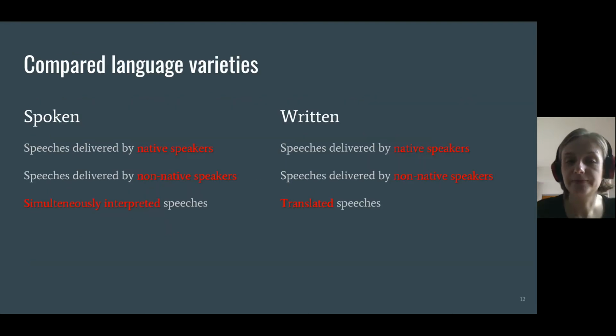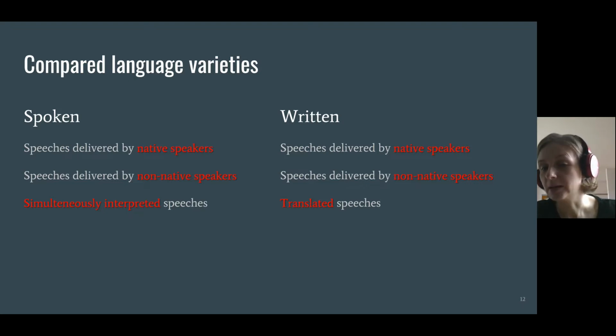I am comparing the following language varieties, so language types, if you will. Spoken and written, so two registers, the spoken register and the written register, and speeches delivered by native speakers of English. There will be British and Irish MEPs, speeches delivered by non-native speakers of English in English, that would be speeches delivered by Polish MEPs, and simultaneously interpreted speeches when Polish MEPs can't speak English and they use simultaneous interpreters to get their message across.